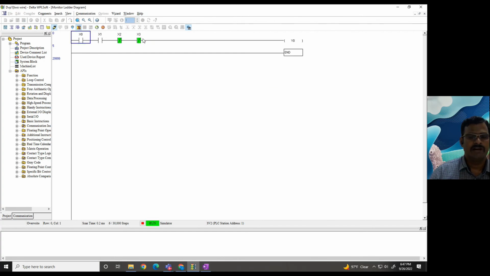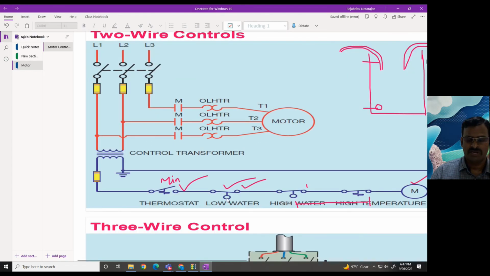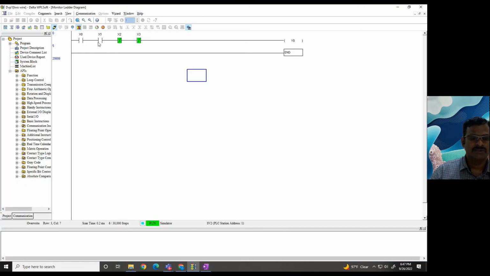I have four sensors which I have represented in the control circuit, which I have put here in the ladder as well. I'm going to set on. As I told you, we have a low minimum water level. The water should fill at least to a certain point, so this will close automatically. Let us assume the water reached the minimum level. So this is getting on, and these two are normally closed switches, so they are already closed.